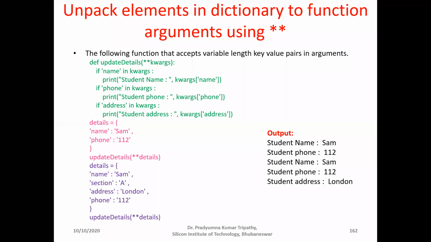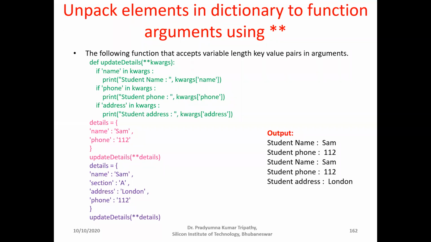Anybody having doubt on this? Anyone having doubt on this double star? Double star is used with the dictionary. We can have a variable number of keys. If you have a variable number of keys, you pass that dictionary itself with double star. While receiving also, you give double star.